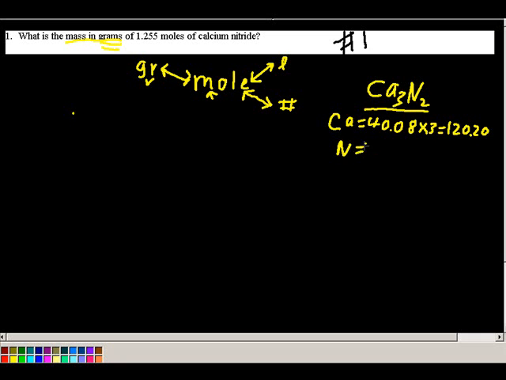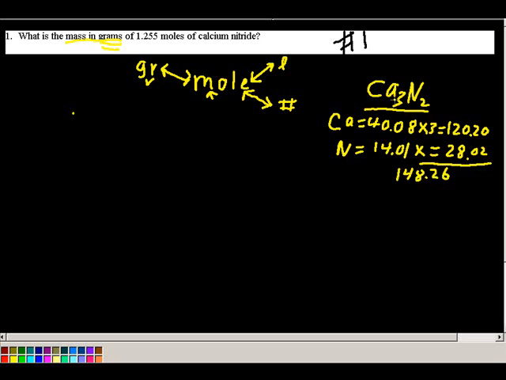Nitrogen is going to be 14.01, and you'll notice there are 2 of them, and therefore you've got 28.02. Now if we sum these up, you get 148.26. That is the weight of a single molecule.